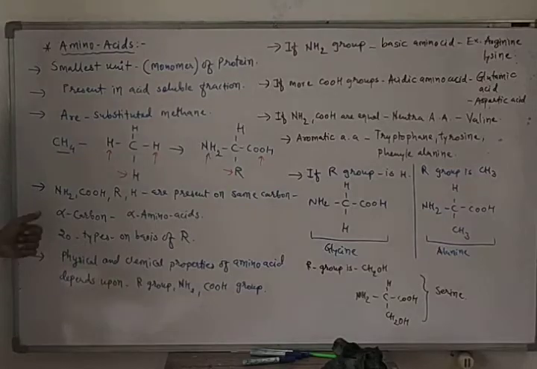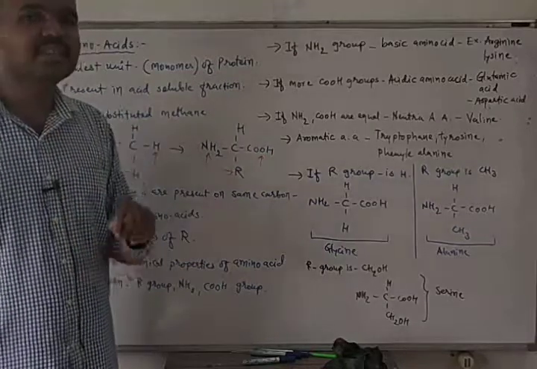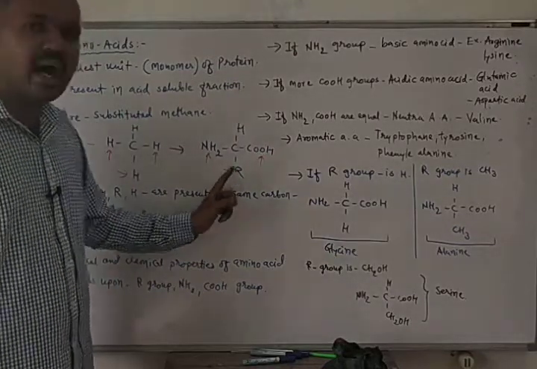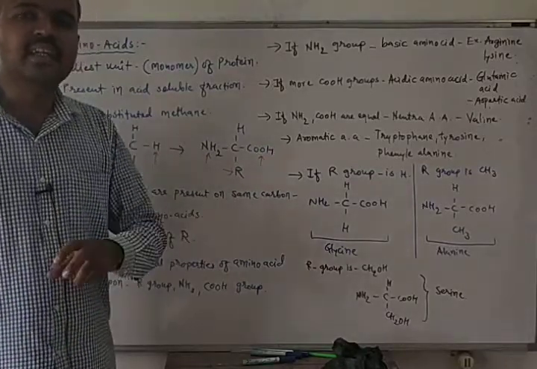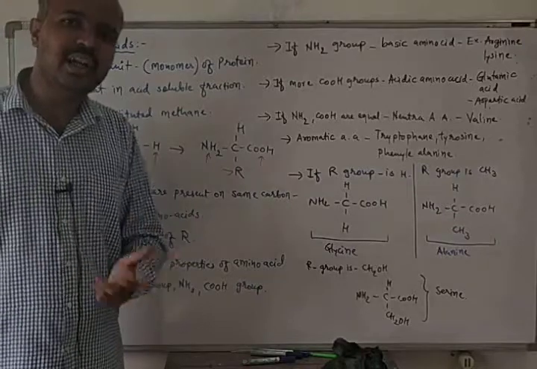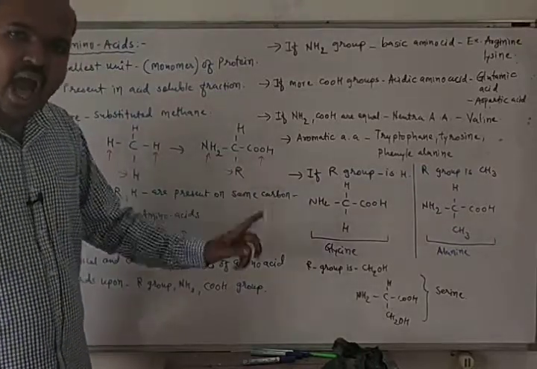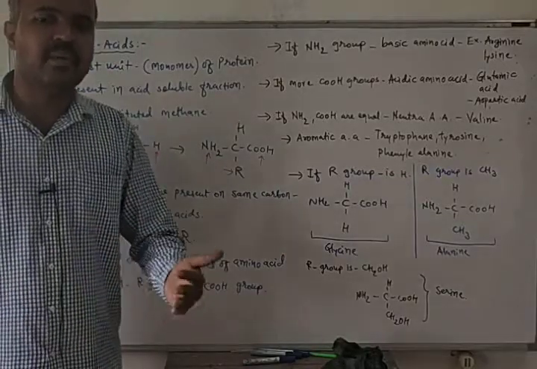Now let's talk about the types of amino acid. How many types of amino acids are there? Total 20 types of amino acids are there, and these types are based on the type of R group. Which kind of R group is there, that will decide the type of the amino acid. If there is R1, then it will be a new type of amino acid.